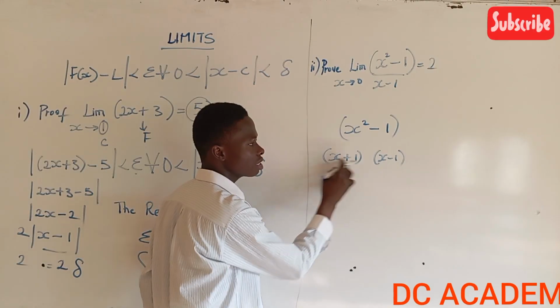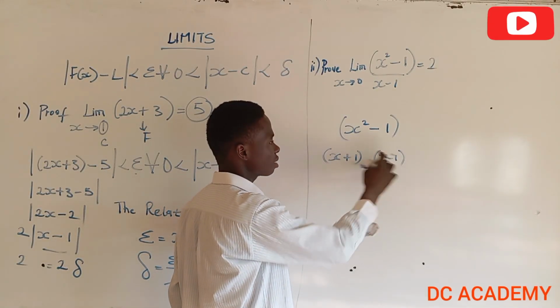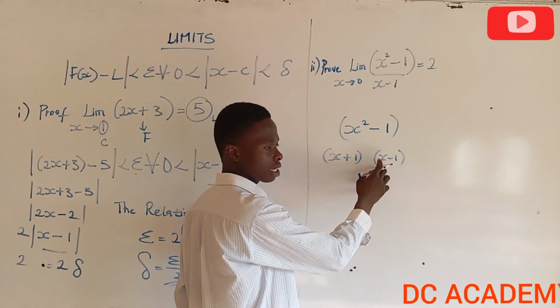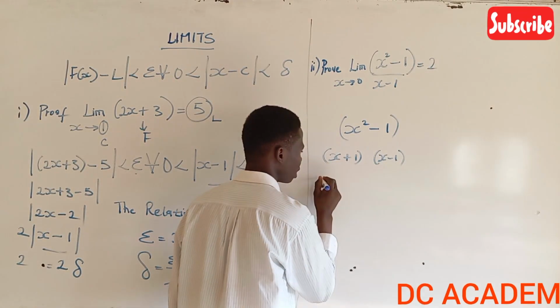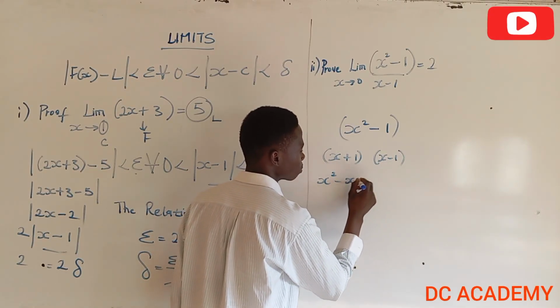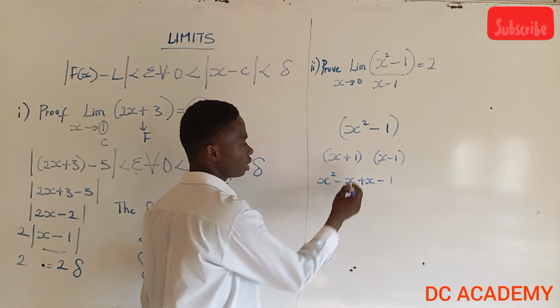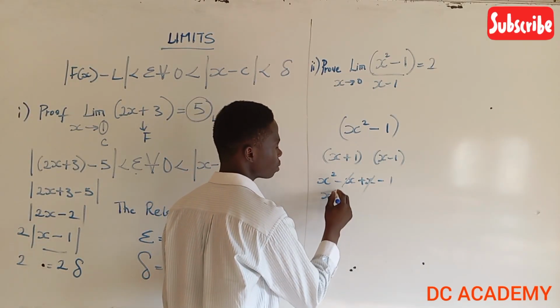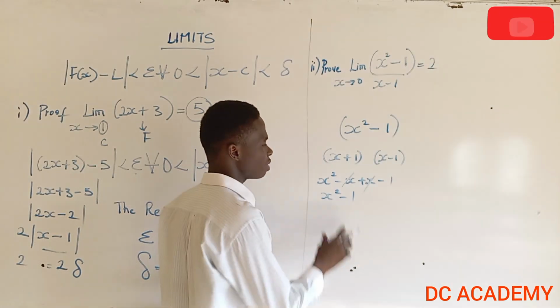The times is now x times x is what? x squared. x times minus 1 is what? Minus x. 1 times x is what? x. And plus 1 times minus 1 is what? Minus 1. We now have something like this: x squared minus x plus x minus 1. And this will cancel out, we now have x squared minus 1. Have you seen it? So this is basically what you have to do.